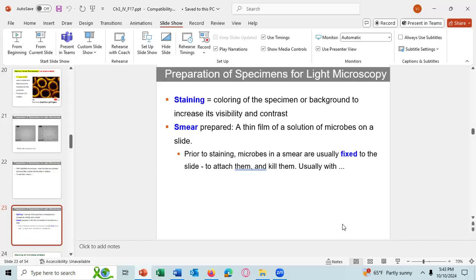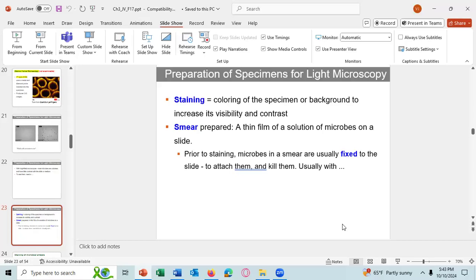So remember that making a bacterial smear does not involve staining the cells. It is a separate event. Students always get that confused. Making a bacterial smear is a separate event from staining the cells.